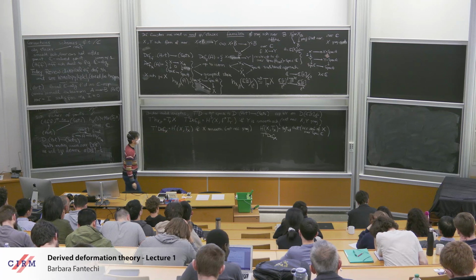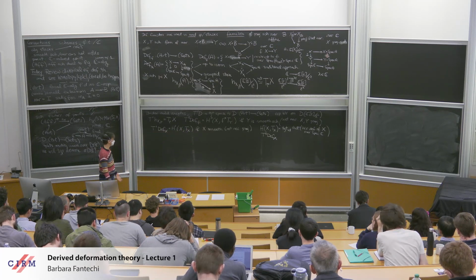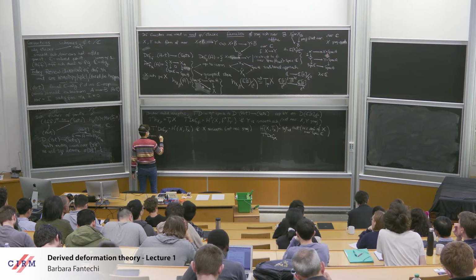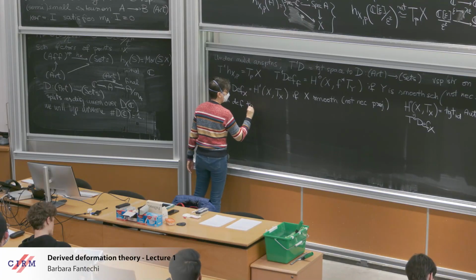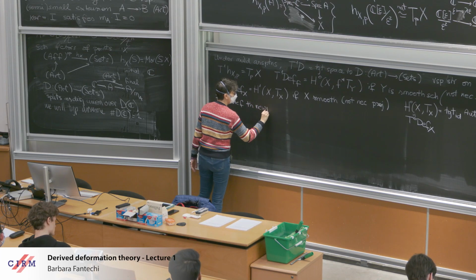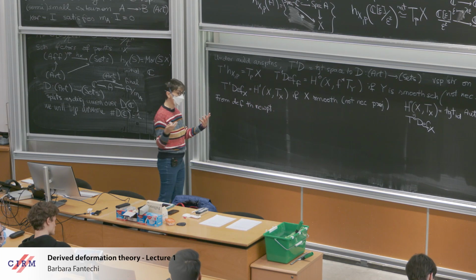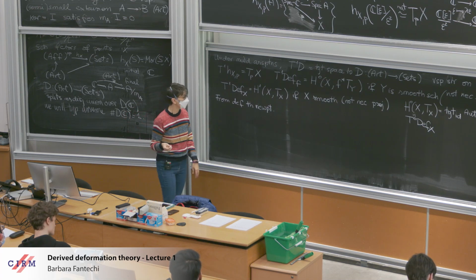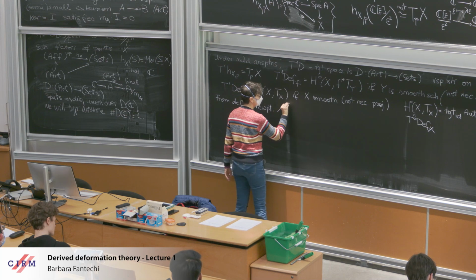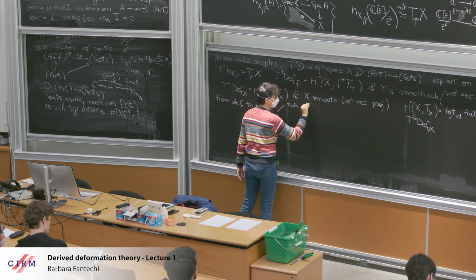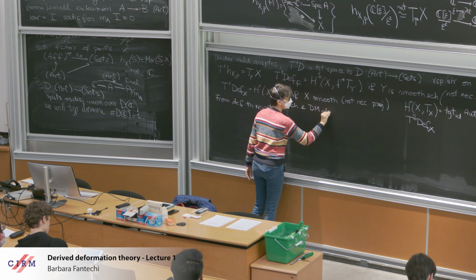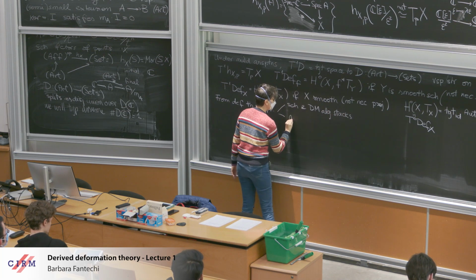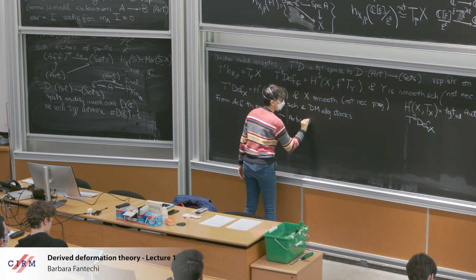And notice that, therefore, from the viewpoint of deformation theory, the natural difference is not between schemes and stacks, but the difference is between schemes and Deligne-Mumford algebraic stacks, and Artin algebraic stacks.